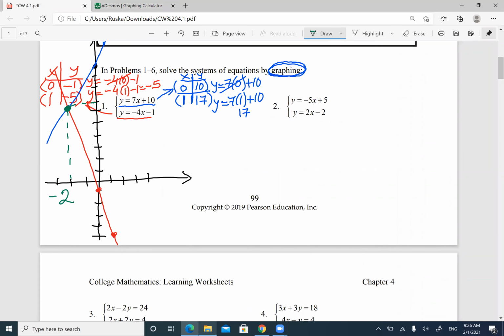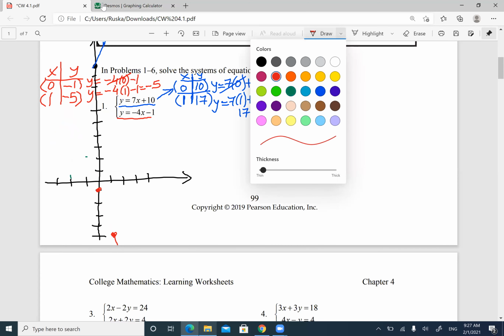-1 and 3. Okay, so this is not -2, it's -1. My graph is a little off, that's why. So it's going to be -1. It's going to cross a little down here because the blue line is going to be a little up. Okay, I'm going to try to fix this.